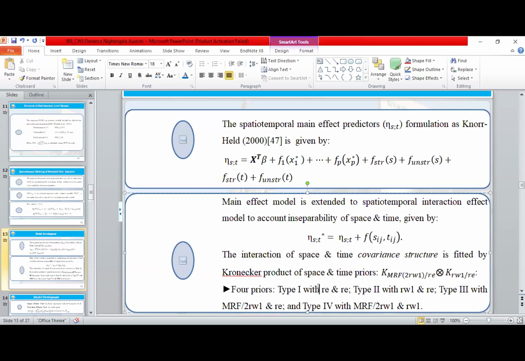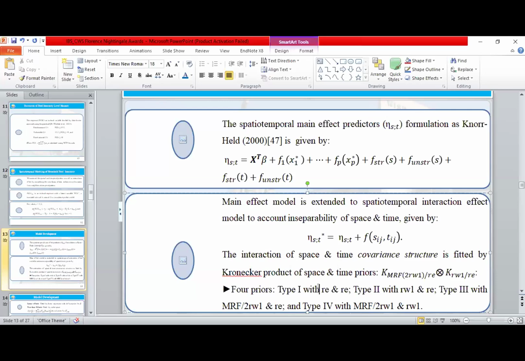The first one is type 1, where both space and time are random, with a random prior. For type 2, space is random, but time is structured, that is estimated by random walk of order 1.